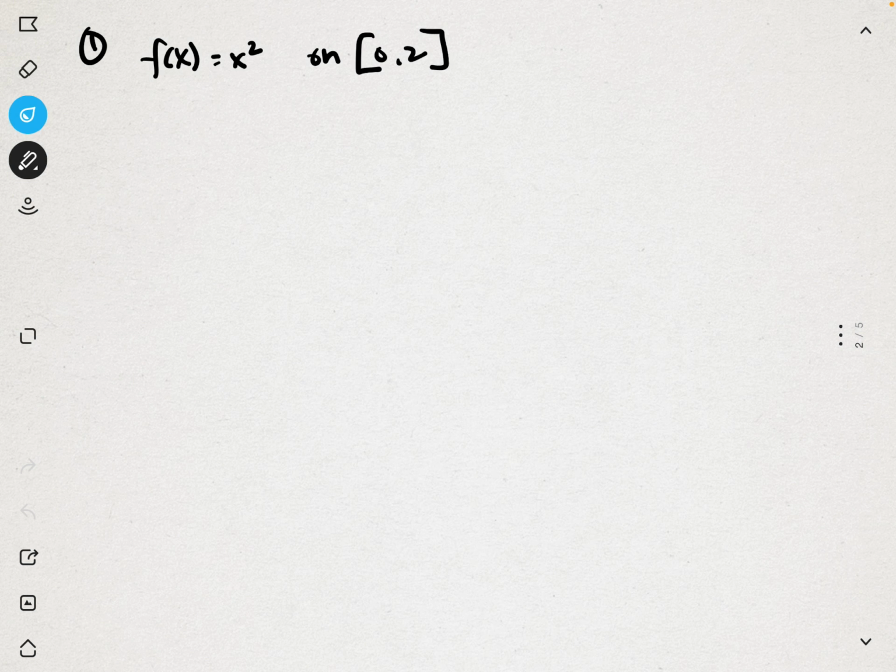Let's get into some examples. If f of x equals x squared, we know exactly what it looks like: a parabola with its vertex at the origin.